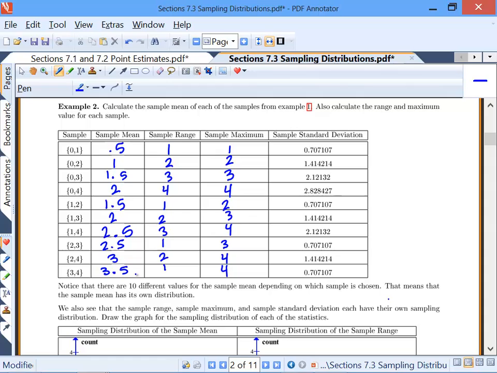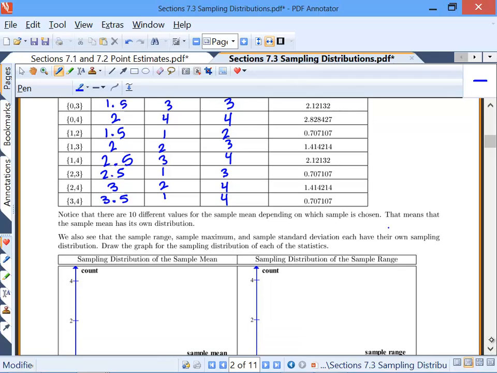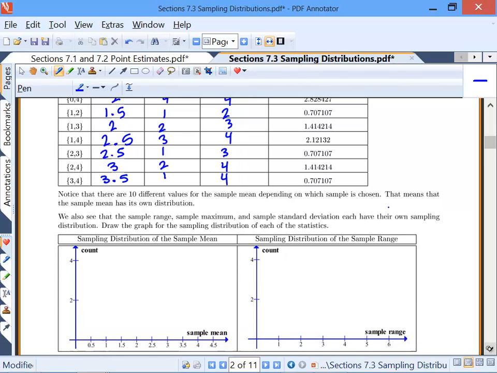Some of the values are repeated more than once, but each sample has its own sample mean. The range, maximum, and standard deviation all have their own sampling distributions as well. So what we're going to do is draw a histogram or probability distribution function, or a graph, for each distribution.